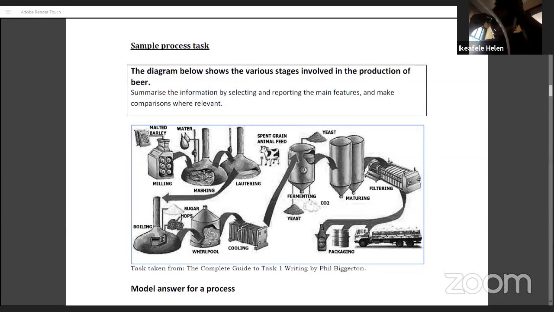Hannah, what other word can we use for production? Manufacture. Okay. Tower, what other word can we use for beer?